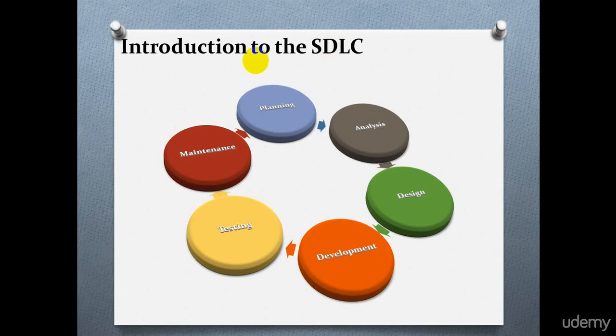As you can see, the most common phases in SDLC are planning, requirement analysis, design, development, testing and maintenance. Specific tasks are performed at each and every phase of SDLC. Generally, output of one phase serves as an input of next phase. We shall look at each of these phases in depth in the upcoming slides.